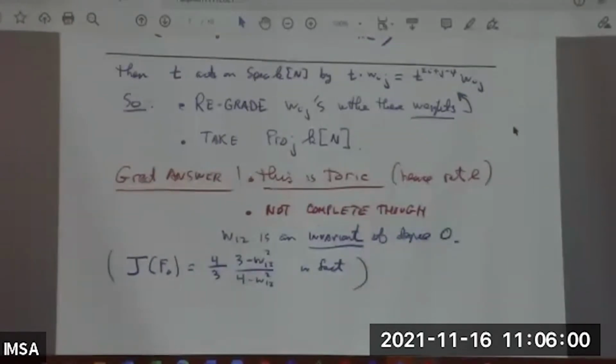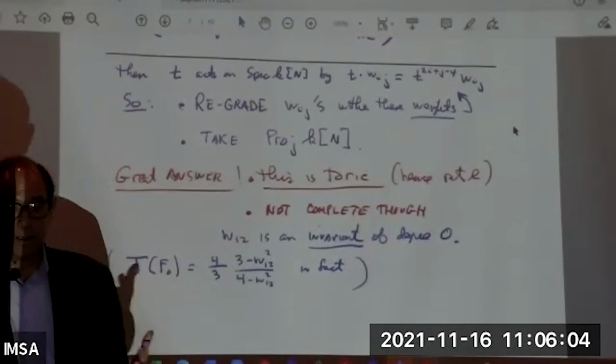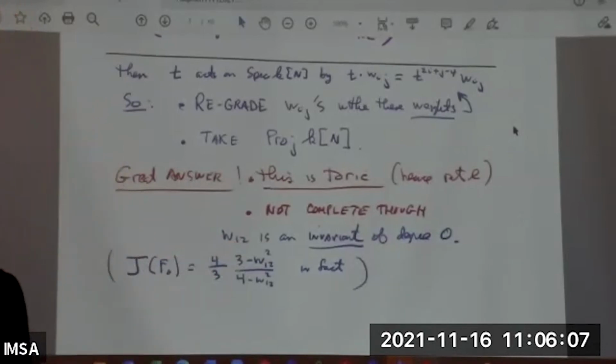Namely, this one little invariant W12 has degree 0. So you have a whole polynomial ring in degree 0 that occurs in every open set. It gives you basically a function on your quotient, on your proj, and therefore it's a non-trivial function, so it can't be complete.